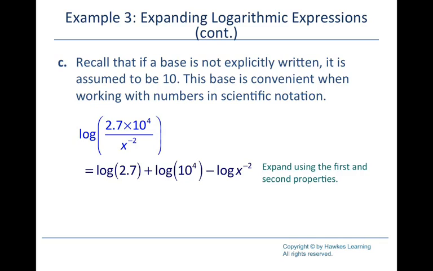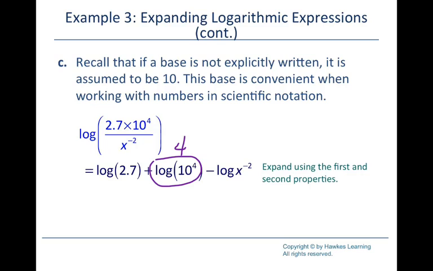So it's 2.7 times 10 to the 4th, so you can say log of 2.7 plus log of 10 to the 4th minus log of x to the negative 2 power. Now, log base 10 of 10 to the 4th, that part's going to just be 4 when I solve it. This right here is going to be 4 because log base 10 of 10 to the 4th is 4.